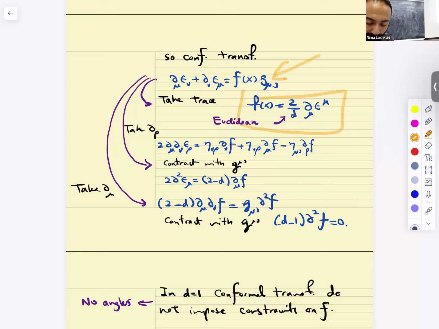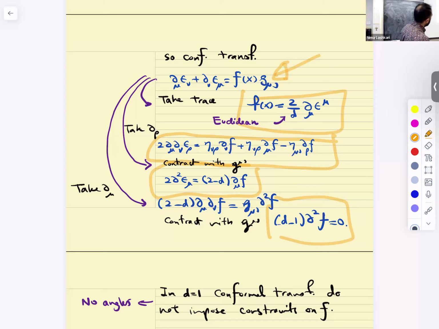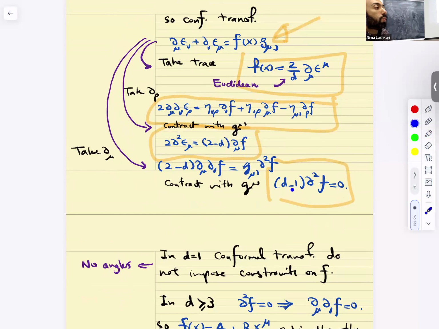They all follow from this: I take various traces or derivatives of both sides. Now, let's start simple. At d equals 1, any function can appear on the right-hand side of a conformal transformation. Do you know why? Well, it's just because there are no angles.